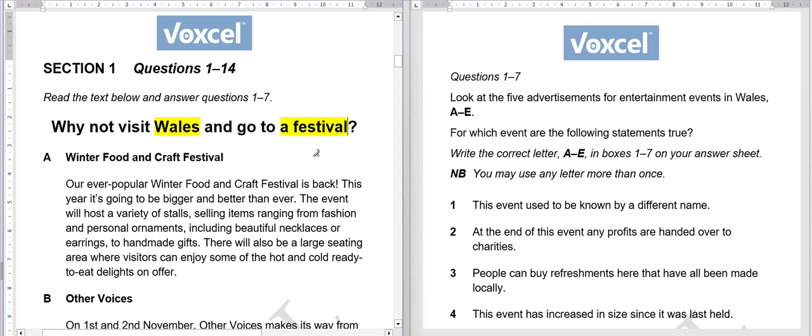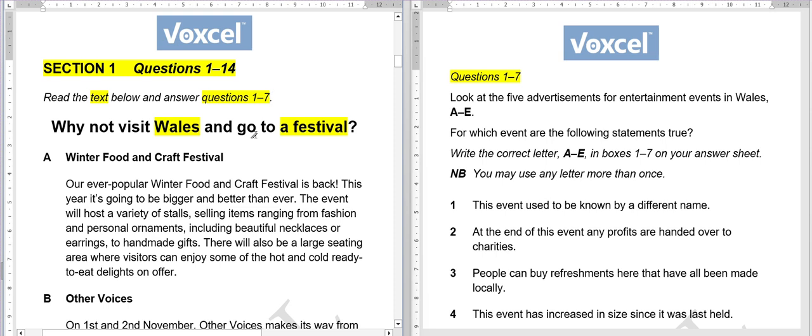Clear? Now we are not going to read the text just yet. We're going to look at the questions on the right hand side. I'm going to highlight it. We'll look at what kind of questions we're dealing with, make a strategy, and then we will start reading our passage. For this section we have questions 1 to 14, but for this particular text we have questions 1 to 7.